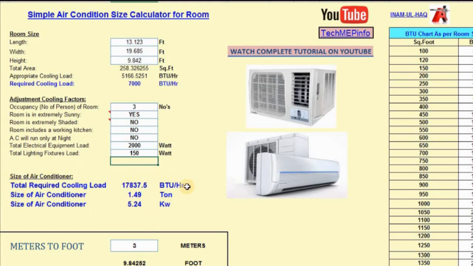So this result appears for your AC. Total required cooling load is 17,800 BTU per hour, and the size of the air conditioner is 1.49 tons.